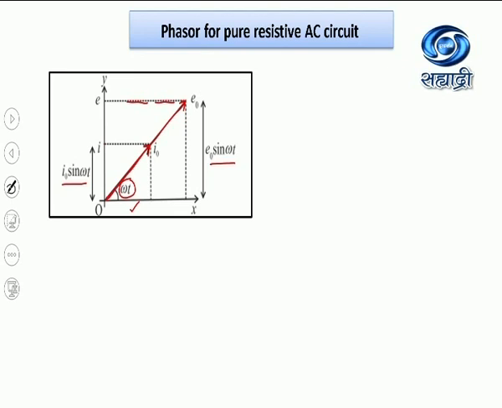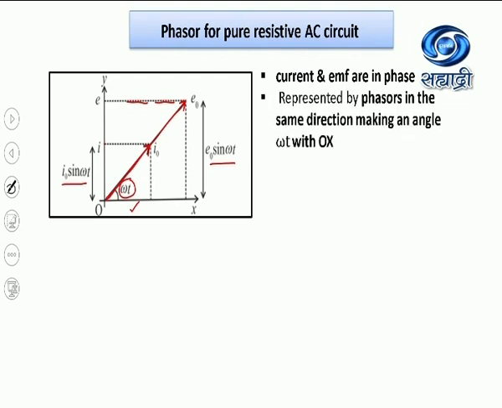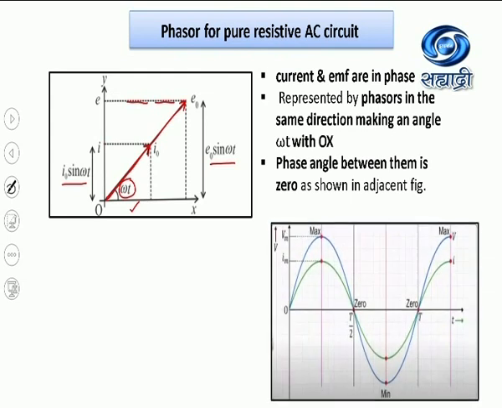And here both are in the same direction because there is no phase difference between them. So current and EMF are in the same phase, represented by phasors in the same direction, making an angle omega t with OX, that is the x-axis. The phase angle between them is 0 as shown in the figure.